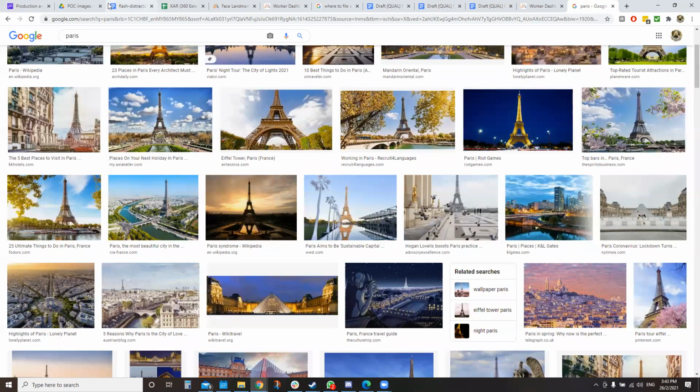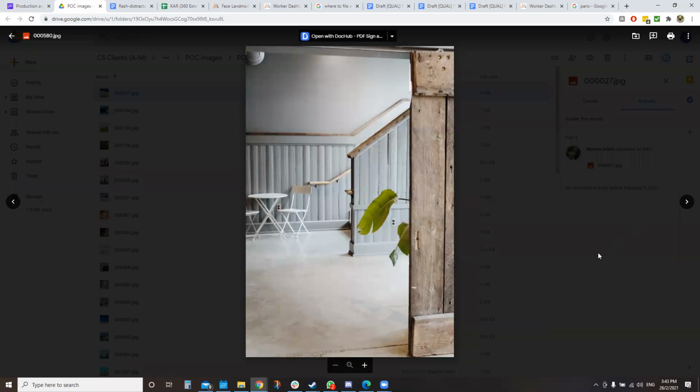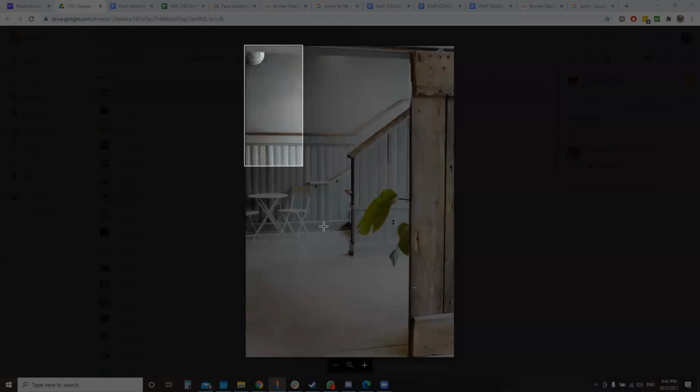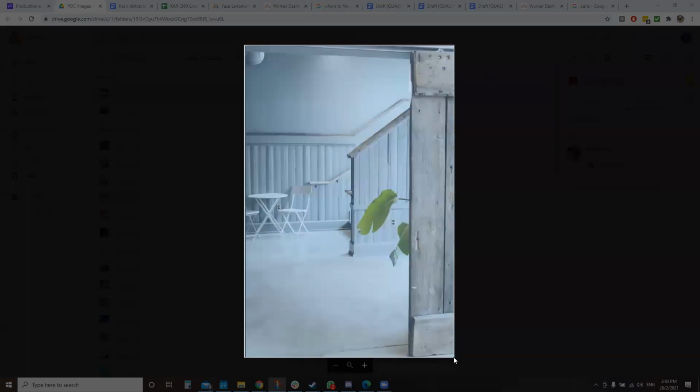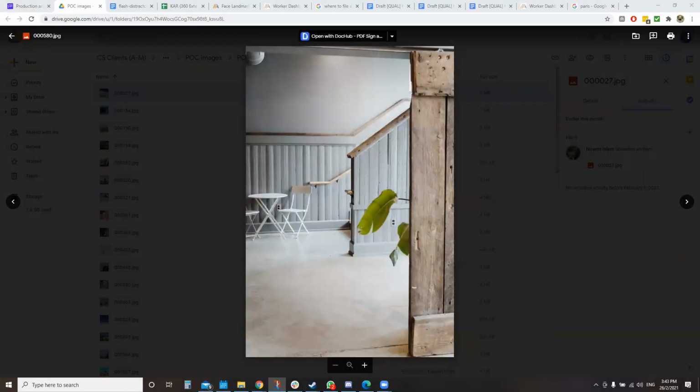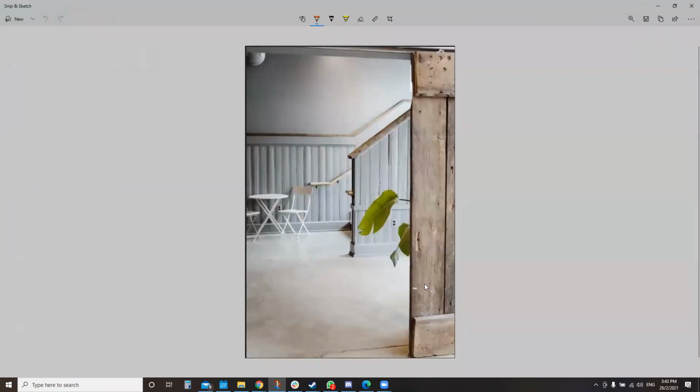So talking a bit about this kind of picture, what essentially the client is trying to do is, let's look at this picture. I'm going to take a screenshot now. This is a picture of a living room.